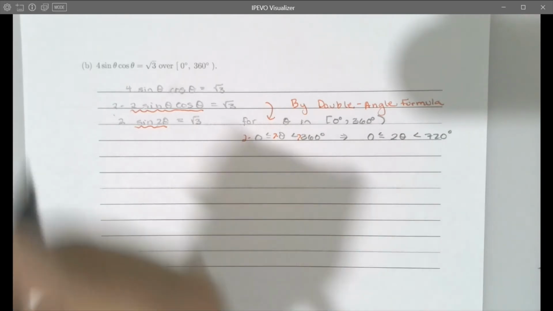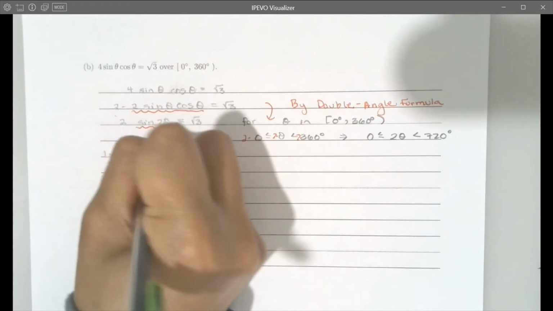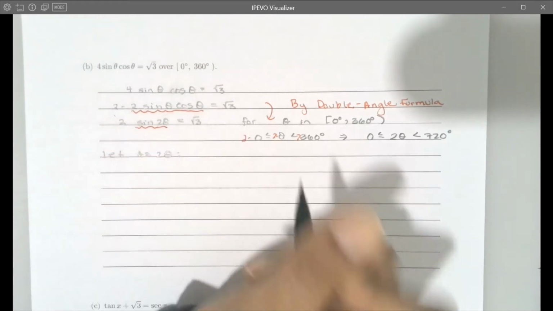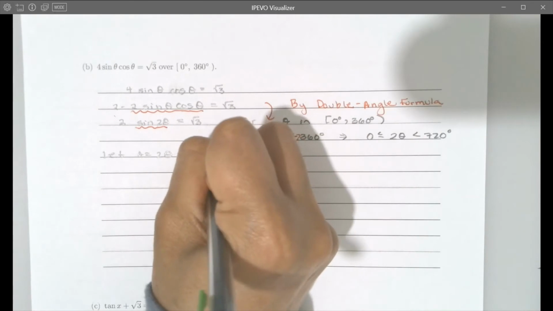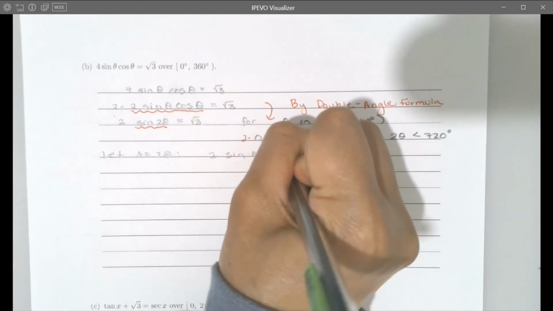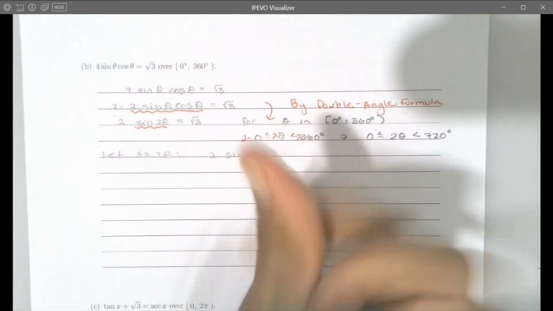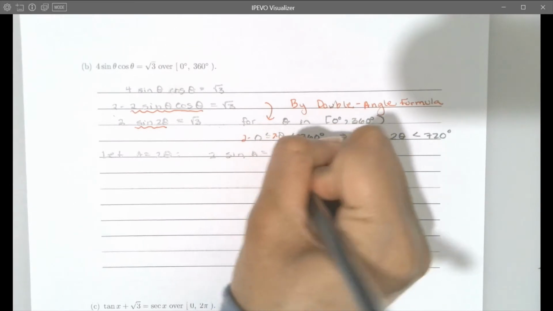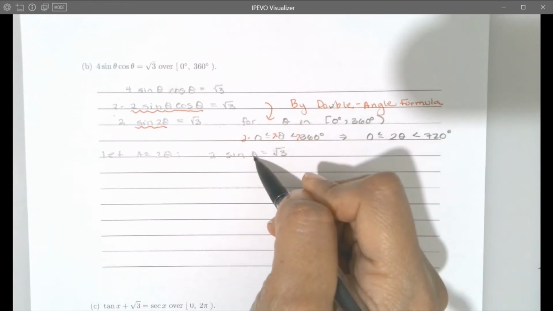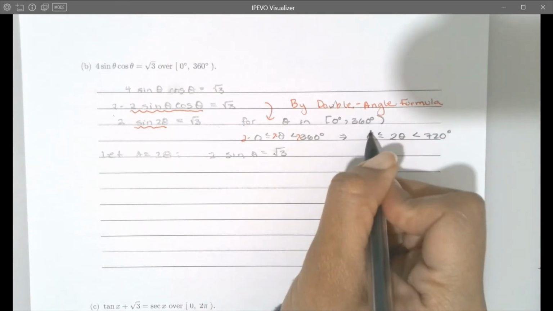Similar to example 5 part E, I'm going to let A represent 2 theta. And then we're going to get an equation: 2 times sine of A is equal to the square root of 3, where this angle A, which is 2 theta, has to be between 0 degrees and 720.